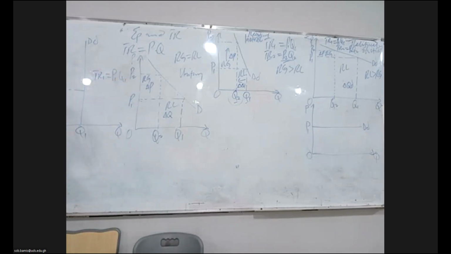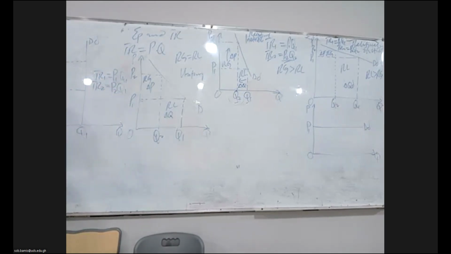Then the manager decides to increase the price from P1 to P2. And realize that at that higher price P2, the same quantity Q1 is what? Is demanded. Meaning that the current total revenue of the firm is going to be P2 times what? Q1. Because despite the price increment, the same quantity is demanded.